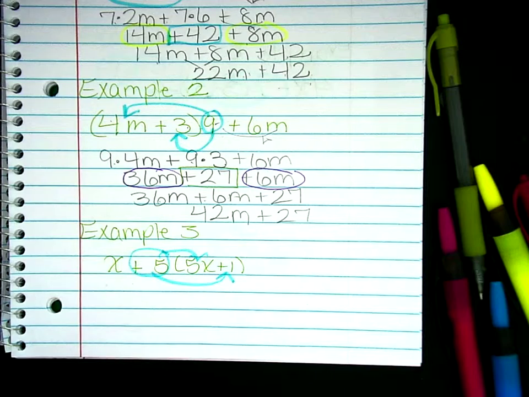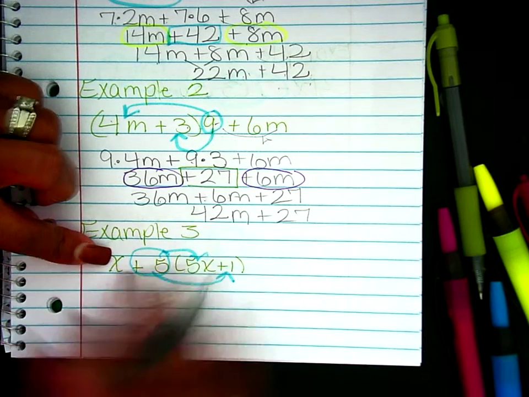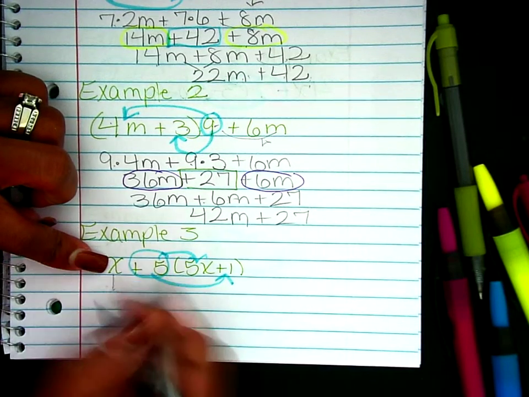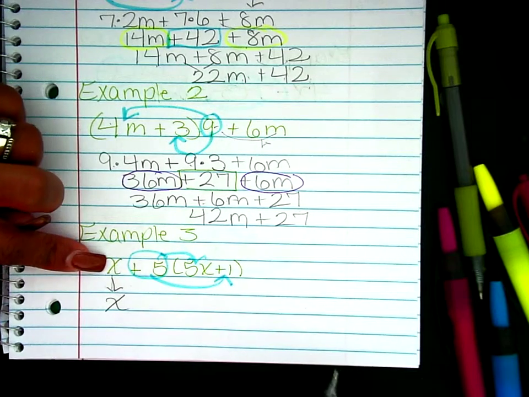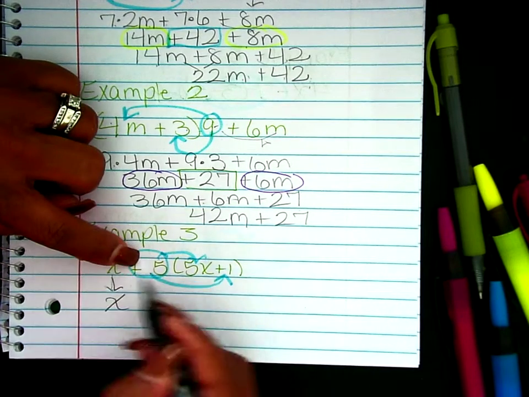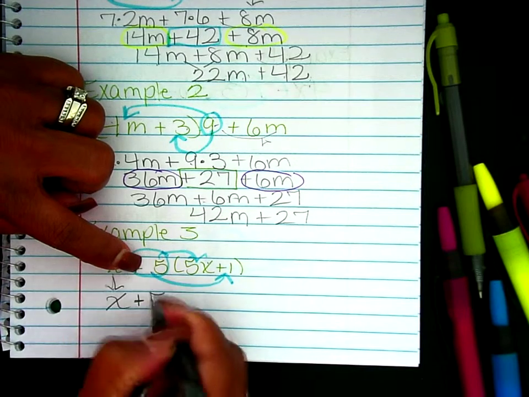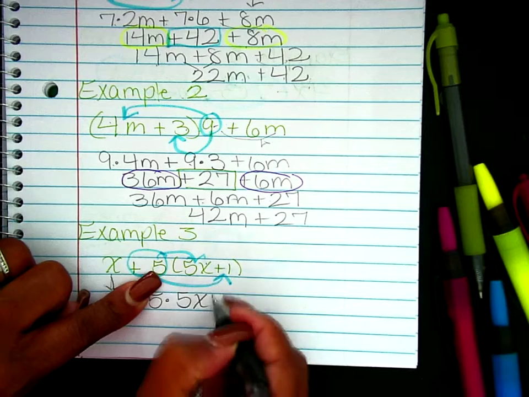Example 3. Here, we start to distribute on this end. The x, you just bring it down. You're just going to bring the x down because you cannot do anything with it at this time. Here, we already said we're going to say 5 times 5x. So we put our plus there because it's positive. 5 times 5x. Then we have here positive.